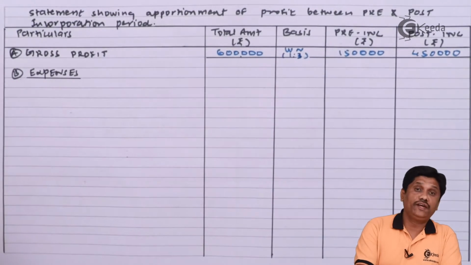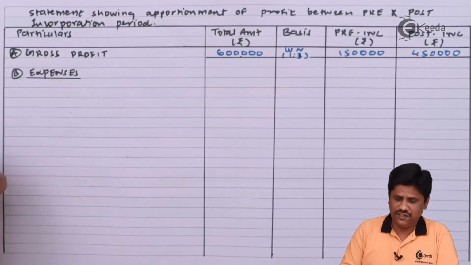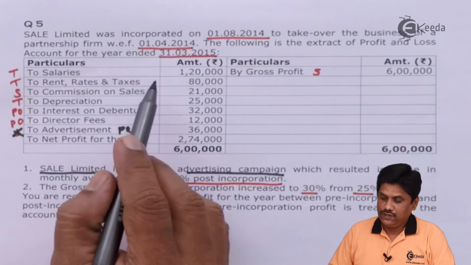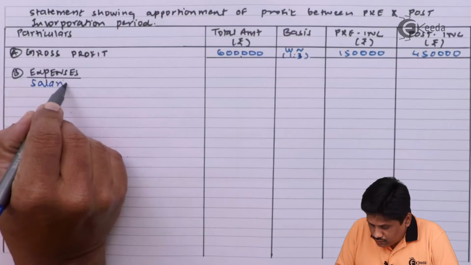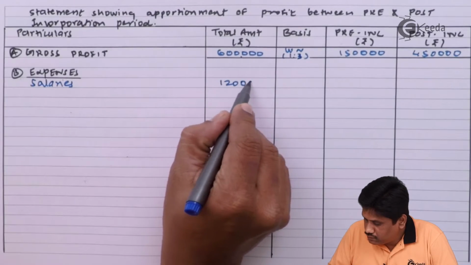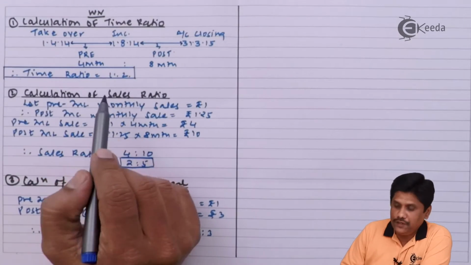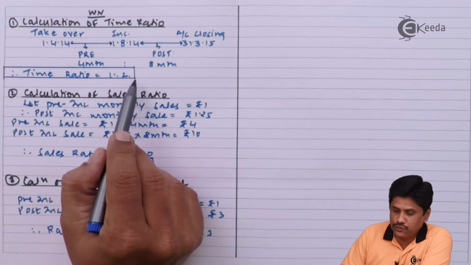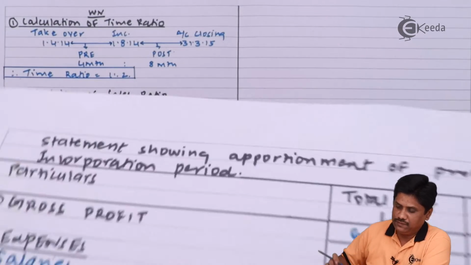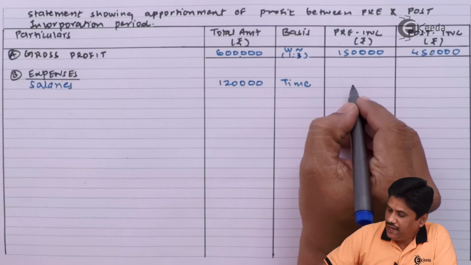Now sir, how to allocate expenses? It will be as per our general understanding. Salaries on time basis. Our time ratio is, as per working note, 1:2. So it will be divided in 1:2. So will it be 40,000 and 80,000?